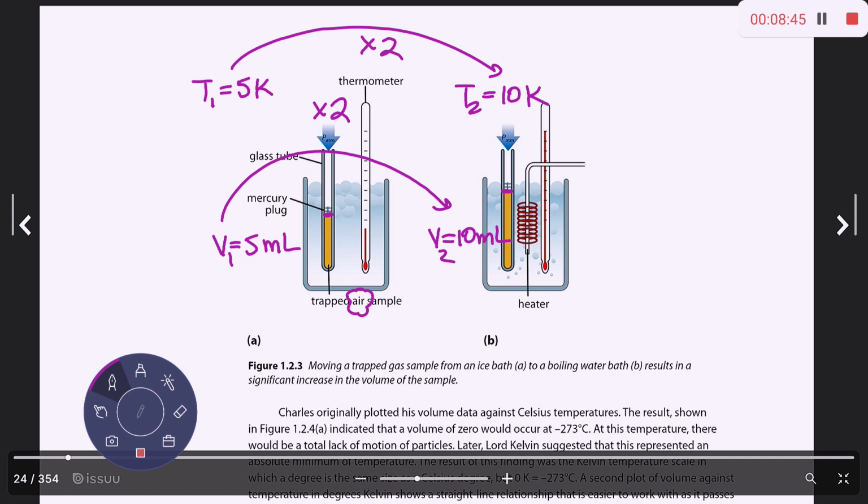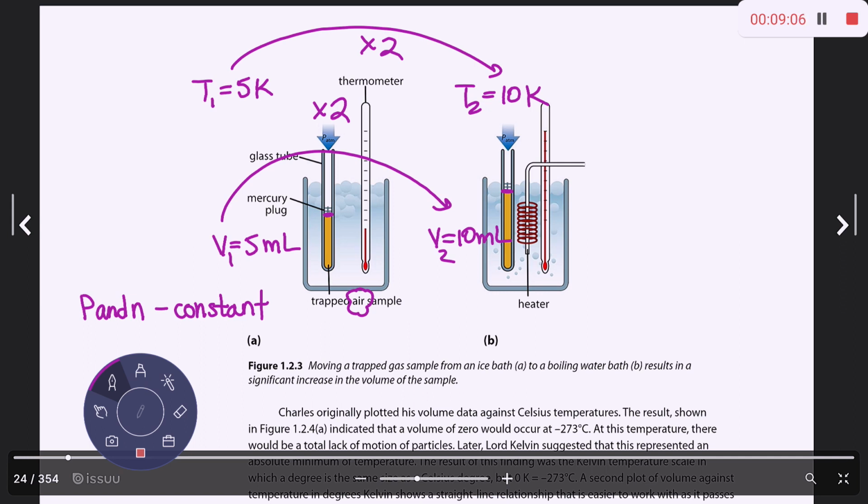All right. So the two variables that they are not mentioning here are pressure and moles of gas. So that means P and N are being held constant. You know that if you plot two variables that are directly related, it will be a straight line.